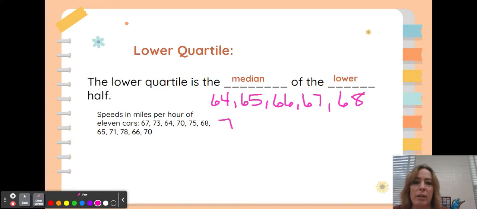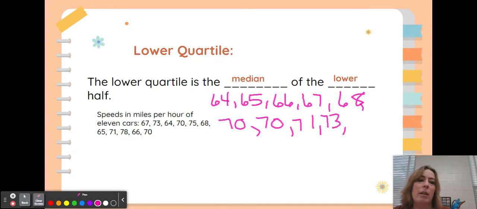We have 70, and there's 2 of them, so I'm going to put it twice. 71, 73, 75, and 78.